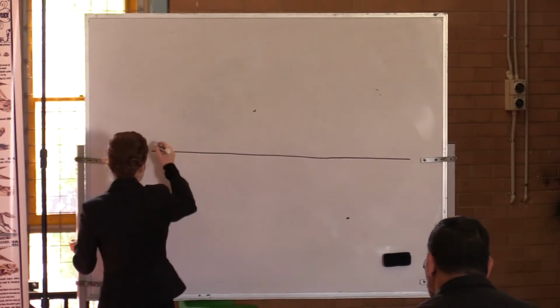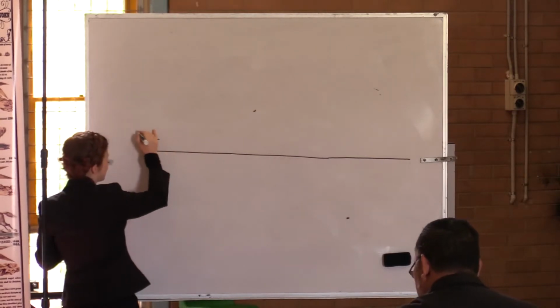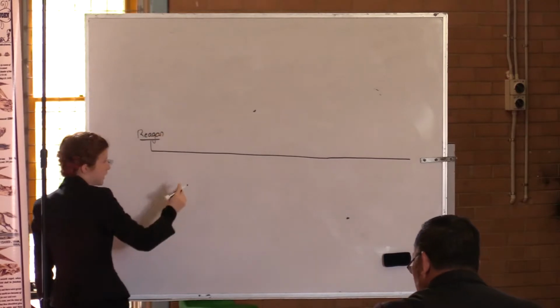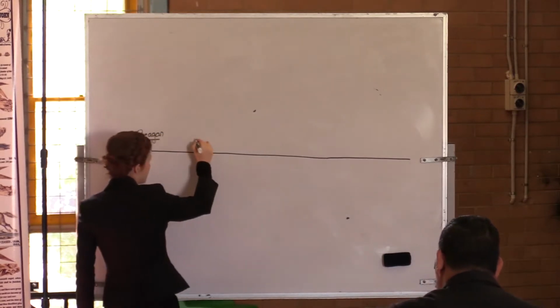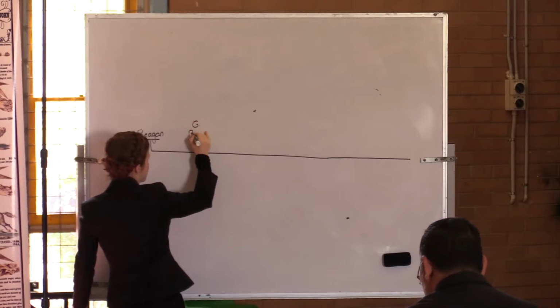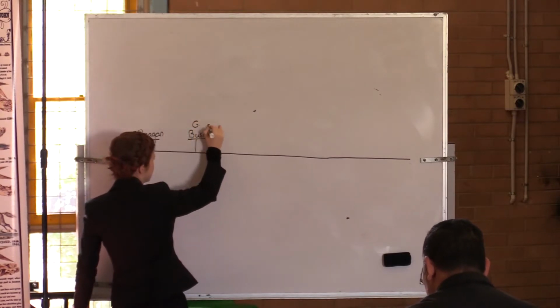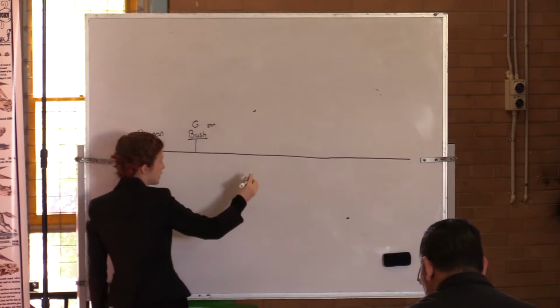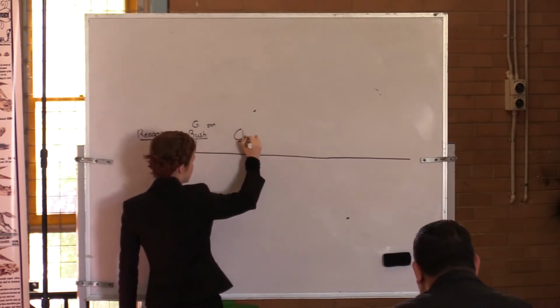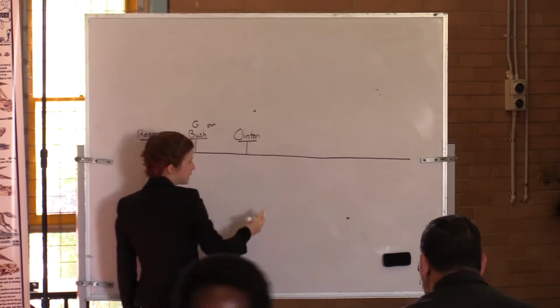Reagan. So we have Reagan. Next president? George Bush Sr. Next president? Next president?